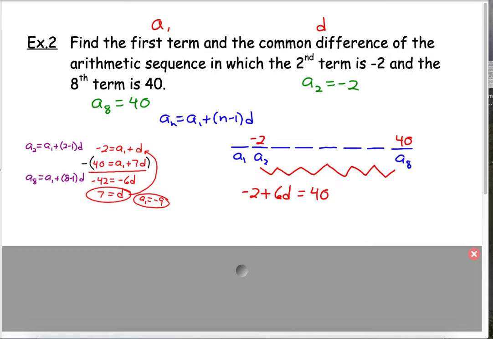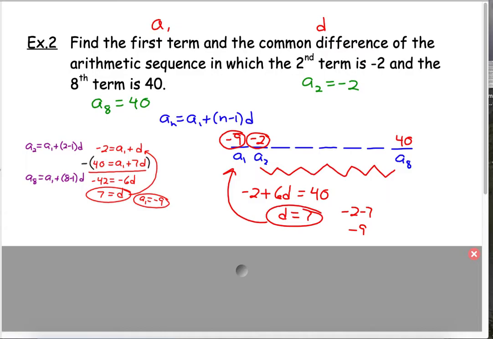Notice, that's the same equation I had when I solved my system the other way. I'm going to add 2 to both sides, I get 42, divide by 6, I get your common difference is 7. And then to get a sub 1, instead of adding 7 to move to the right, I'll subtract 7 from a sub 2, negative 2 minus 7, and that gives me a sub 1.